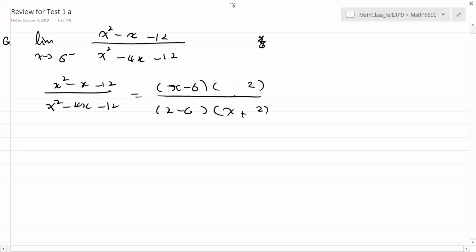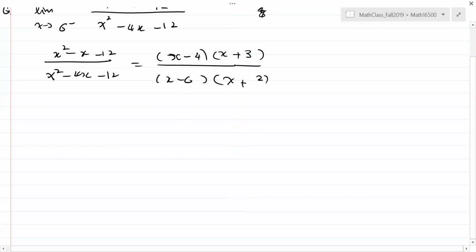So you can factor it, right? 3 and 4 if you want. So you get -4 and +3. So we are not able to get rid of x minus 6. That's okay. It's not necessary in this case to factor the numerator.